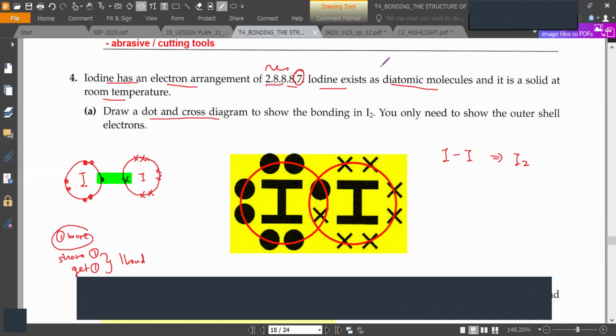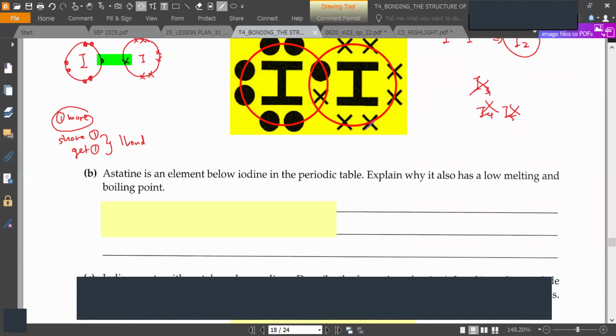This is what we call diatomic molecules, made up of two atoms. So you don't have I3, I4, I5, only I2, because I2 will end up with a full shell for both of them.